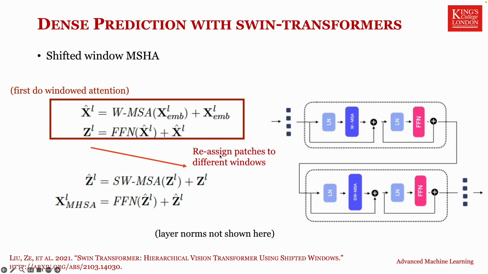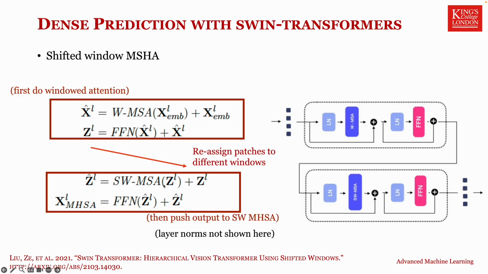Some of the patches that were in this window have now been moved to another window, and the actual list of patches that correspond to each window is different, and that's it basically. But then you learn another multi-head self-attention layer and another feed-forward network where all the weight tensors for these operations are different to these ones.